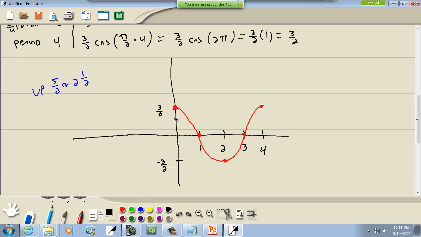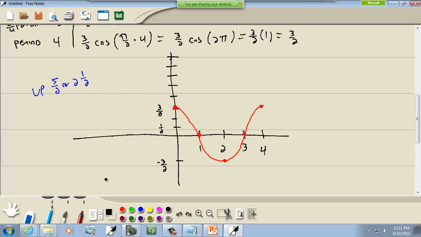Okay, this is 1, so this would be 1/2. So that's 1/2, 2/2, 3/2, 4/2, 5/2, 6/2, 7/2, 8/2. Okay, so each one of these is a half.